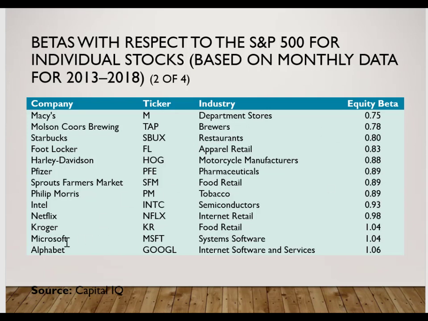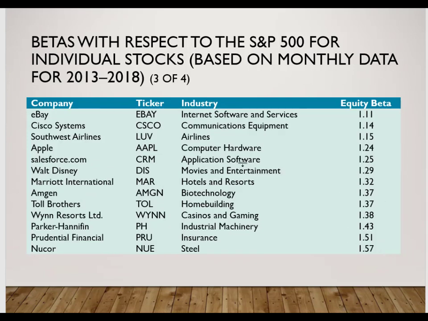Coors, 0.78. Microsoft, Alphabet, Kroger, Netflix, all of these are getting very close to 1.0. And we also have stocks go even higher, right? A little bit greater than 1.0. Disney's 1.29. Apple 1.24, right?